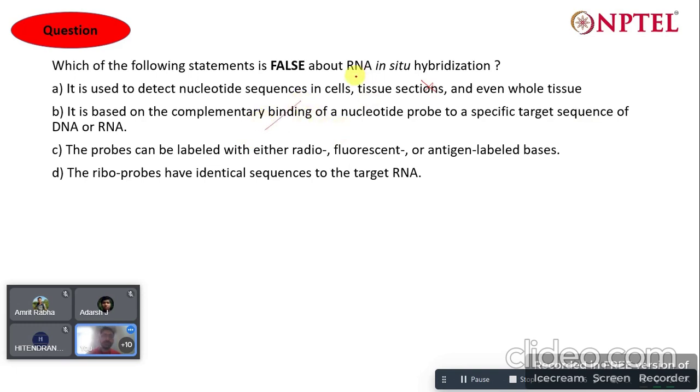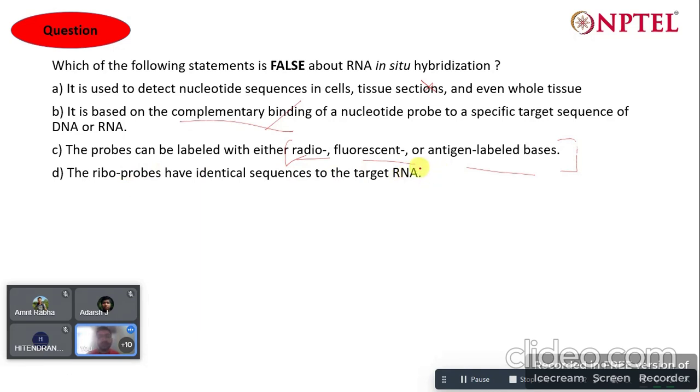Because in situ hybridization is basically complementary binding of the probes to the nucleotide that we are going to find in the cell. Then the probes can be labeled with either radio, fluorescent or antigen labeled bases. Yes, this is also correct. These are different ways by which the probes can be labeled. And the riboprobes have identical sequence to the target RNA.